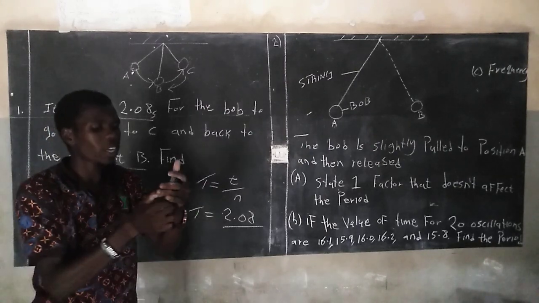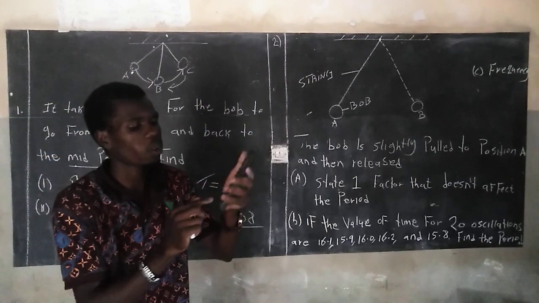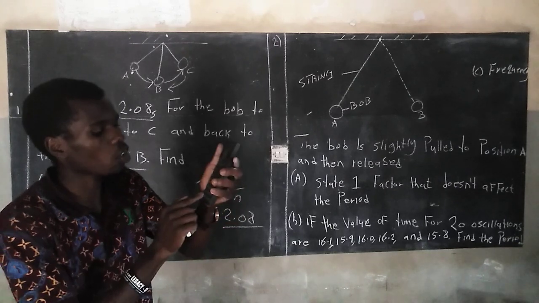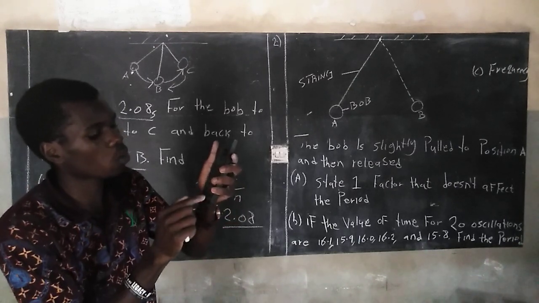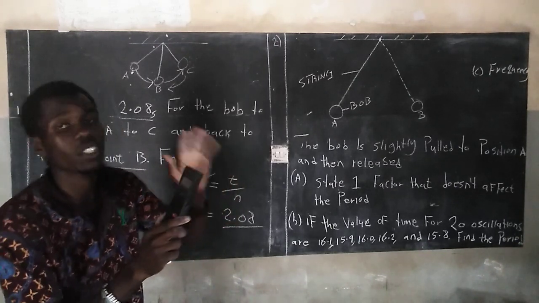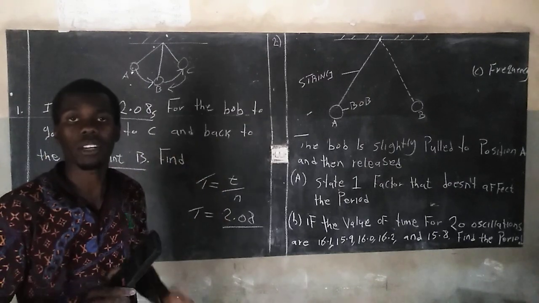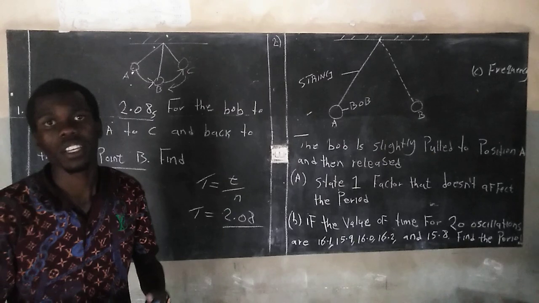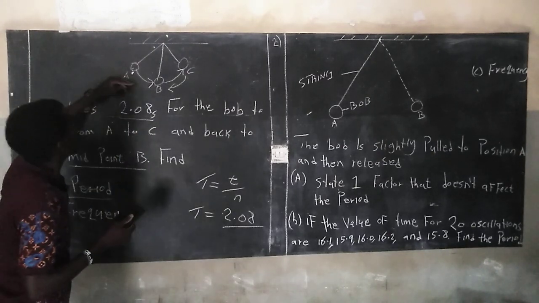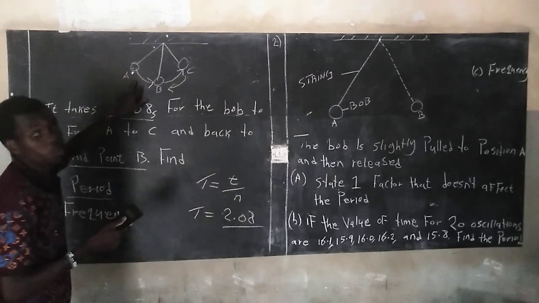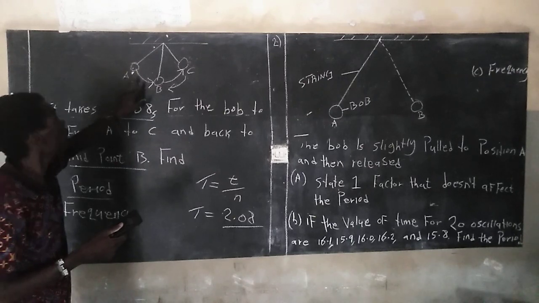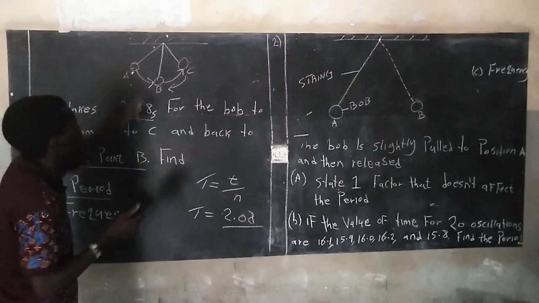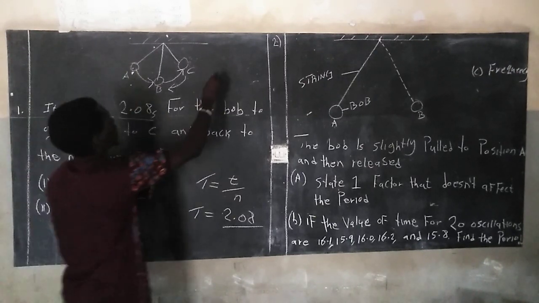So quarter, what's the half of 0.5? 0.5 divided by 2. The half of 0.5 is 0.25. So now we are going to count. Since we are saying that this is a quarter, here we are going to have 0.25.